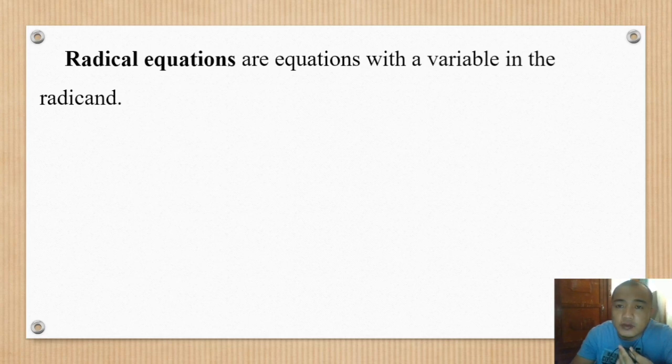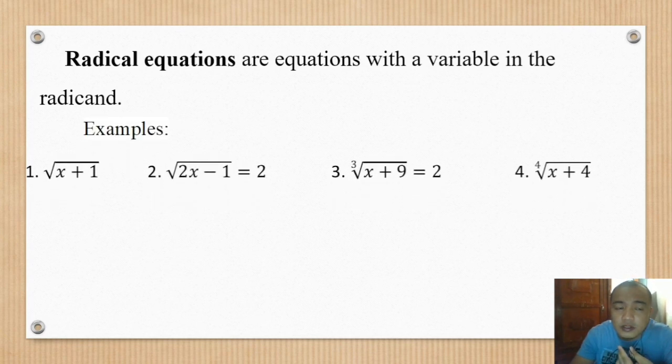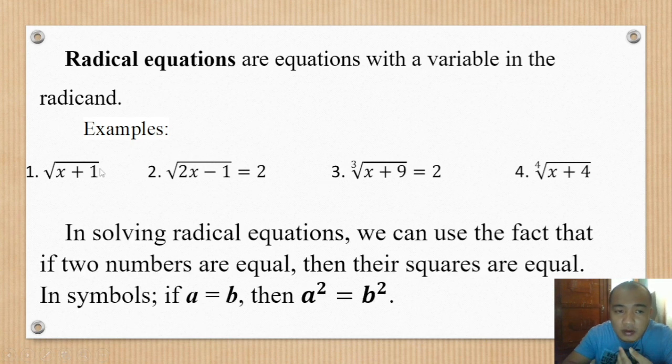So, what are radical equations? These are equations with a variable in the radicand. Examples. Number 1, square root of x plus 1 equals 0. Sorry for that, dapat may equals 0. Number 2, square root of 2x minus 1 equals 0.